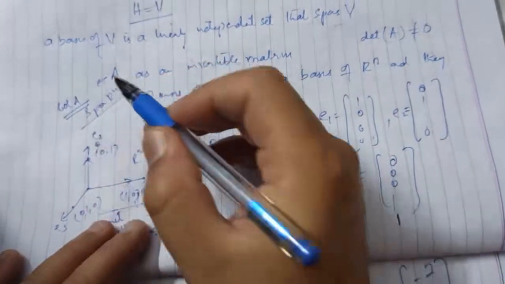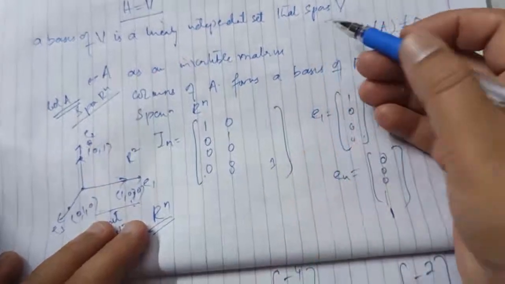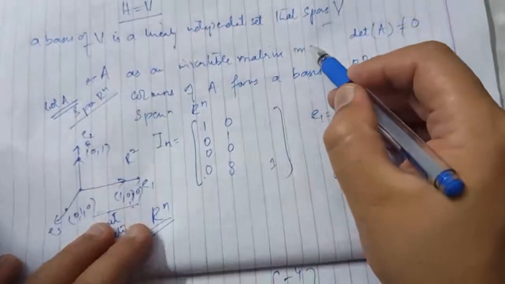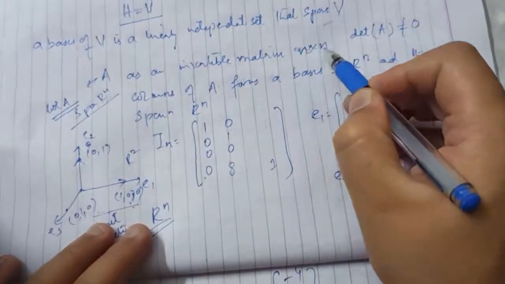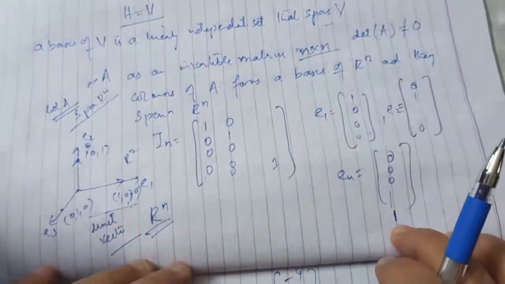Because they exist in n dimensions, if there is an n by n matrix, the columns span R^n.